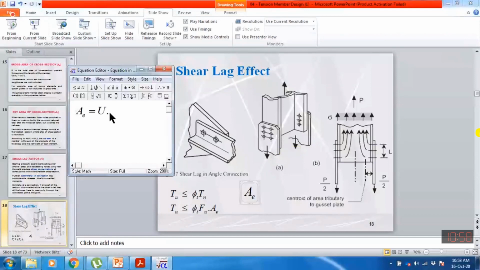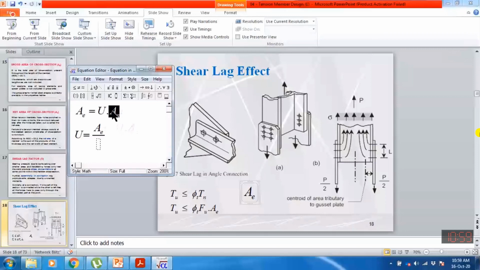Or in other words, we can say that we are having a value U which is equal to the ratio between active area and net area.